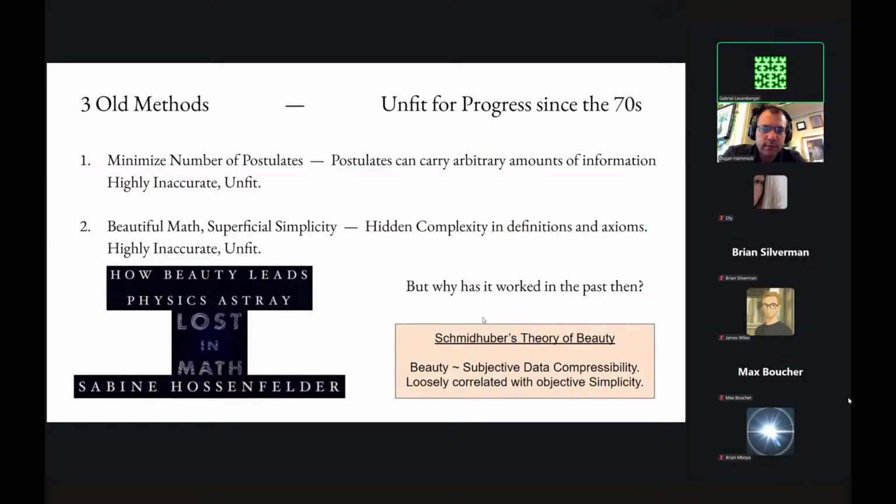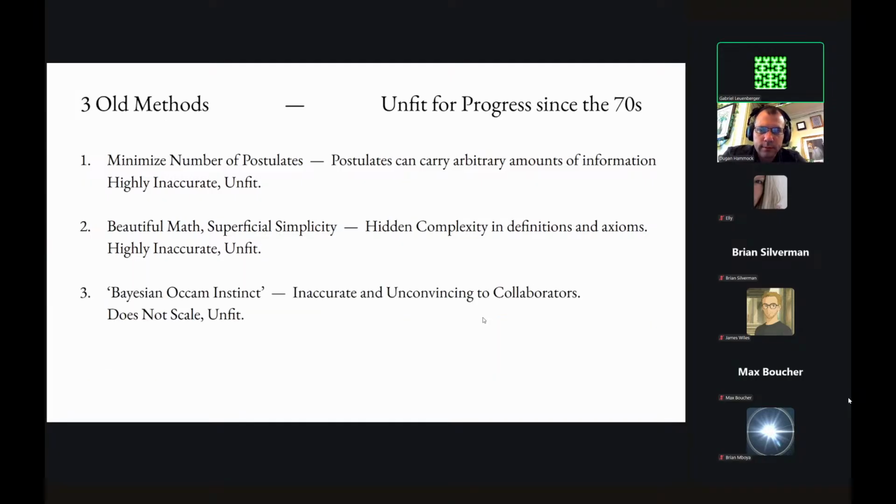According to Schmidhuber's theory of beauty, it's correlated with how superficially compressible something is. If you want to know more, you can read Schmidhuber's papers about beauty. But I will continue to the third method that also doesn't work, which is researchers using their instinct.